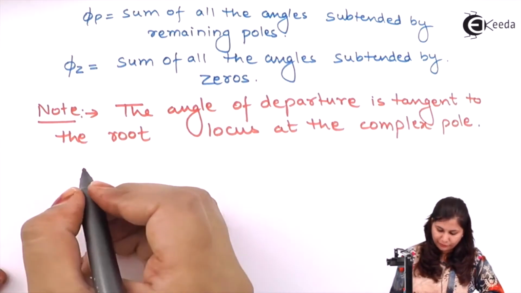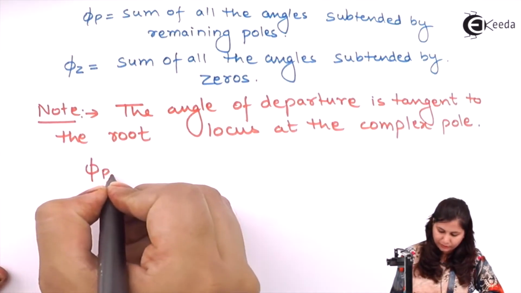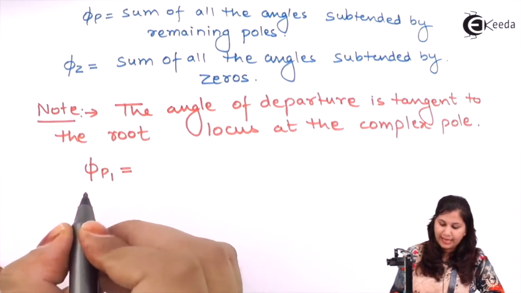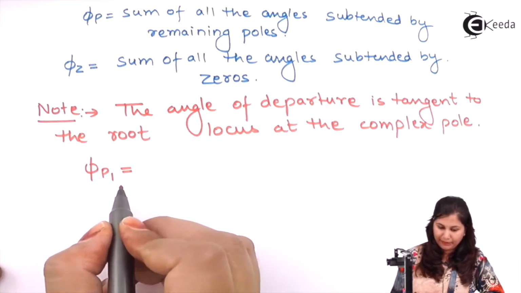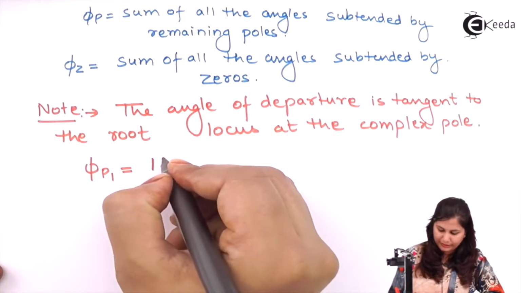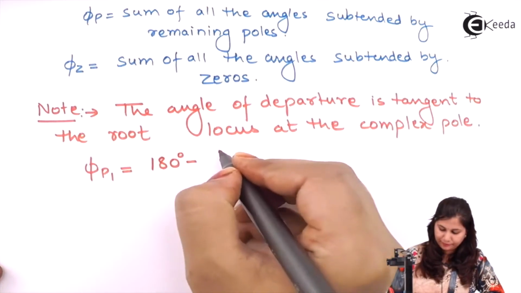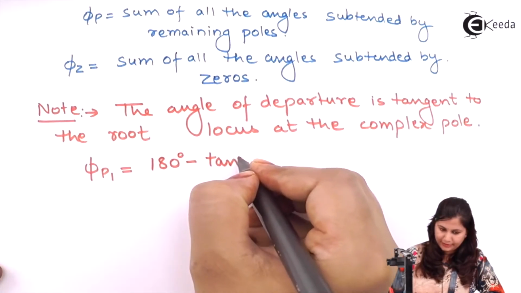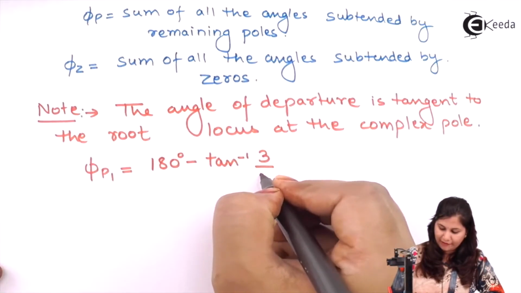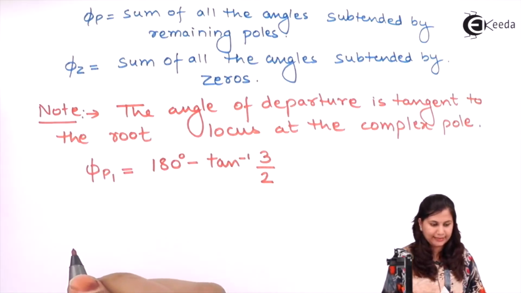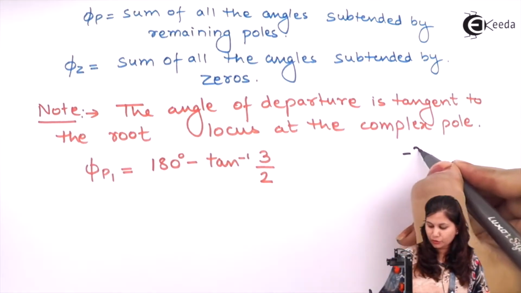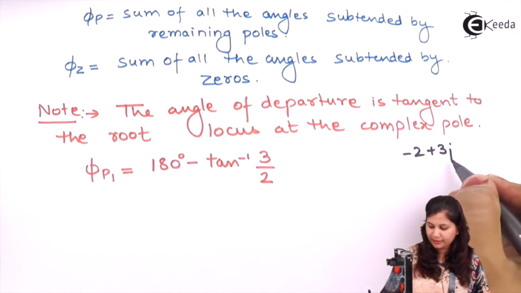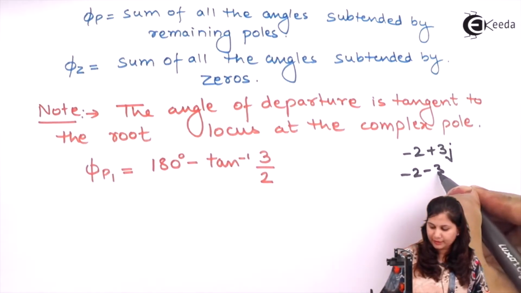So for phi p1, when we want to find the angle subtended by the remaining poles, it will be 180 degrees minus tan inverse of 3 by 2, because we have the complex poles as minus 2 plus 3j and minus 2 minus 3j.